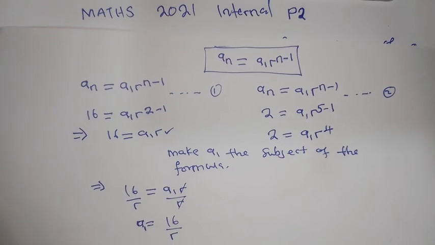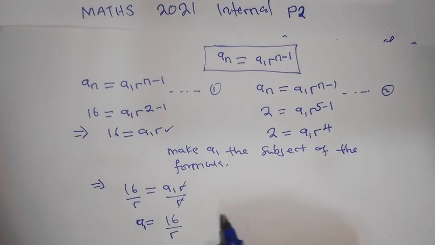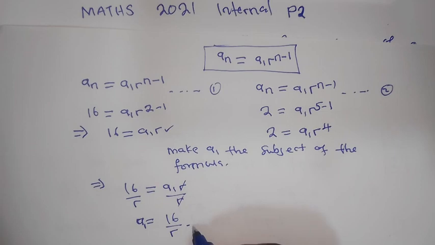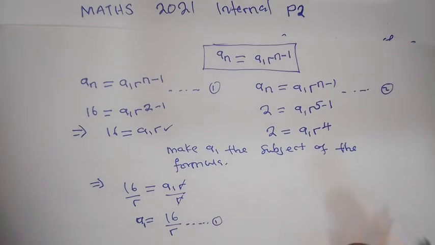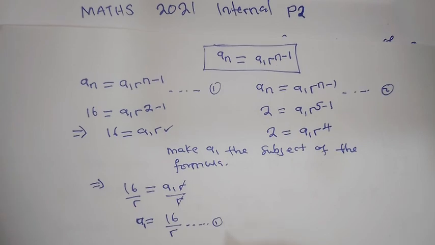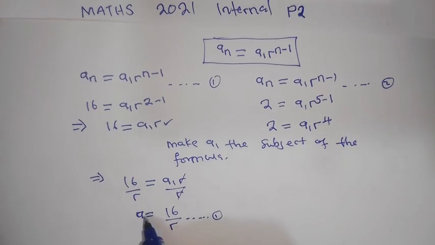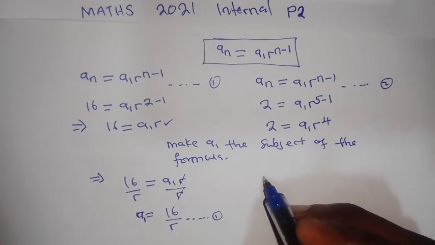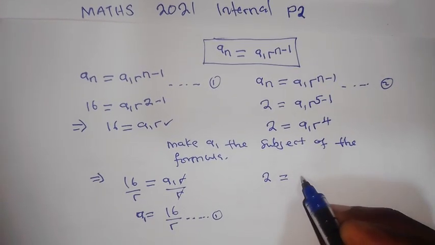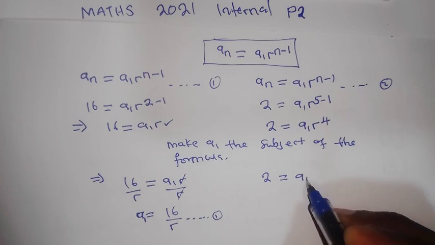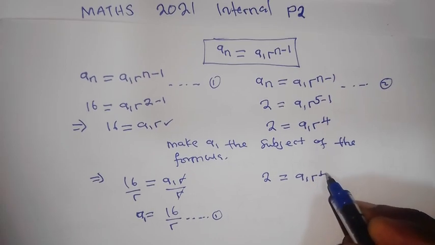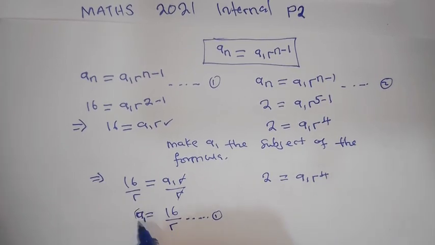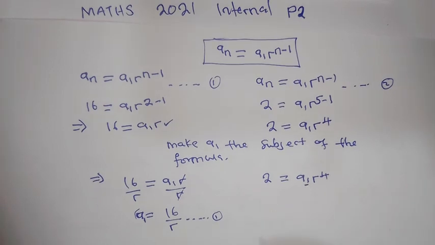So what you're supposed to do is, this becomes more like an equation 1. Then from there we are going to substitute this into that. So we are going to say 2 is equal to a1, first of all, copy. So we are going to replace this a1 here.